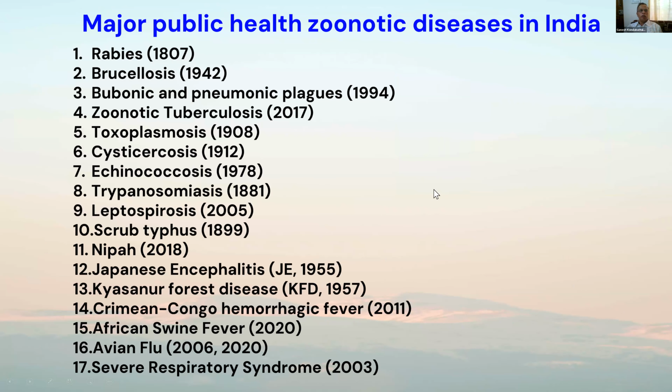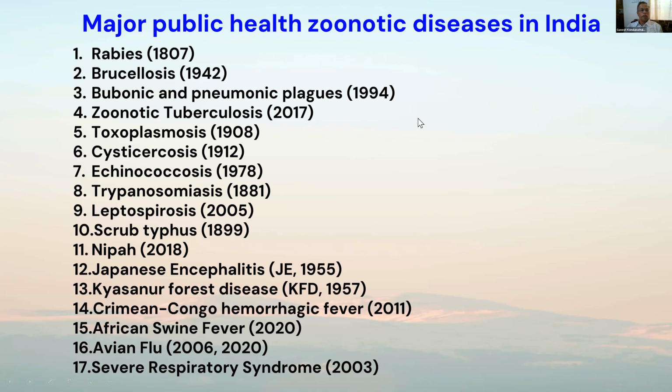Here I'm just showing you the slide where I have listed the major zoonotic diseases in India, as per their occurrence. If I'm wrong somewhere, you can correct me. There are a lot of rabies experts here. So rabies and then brucellosis are the major important zoonotic diseases which we come across.